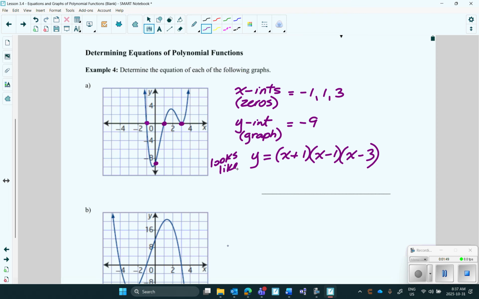Okay? But I am missing something in here. What do you notice that's happening at 3? It's bouncing back, right? So what does that mean in terms of a factor? It's squared. So the x minus 3 is squared because it bounces back.